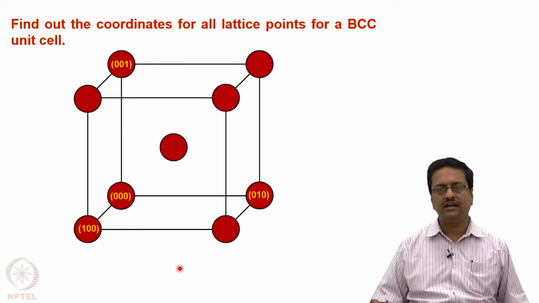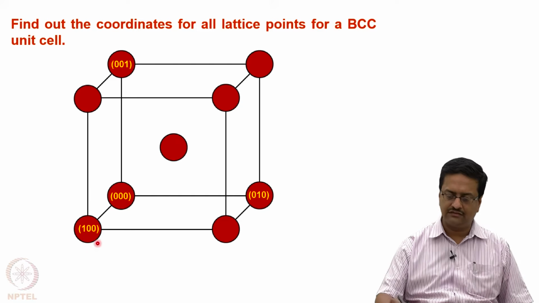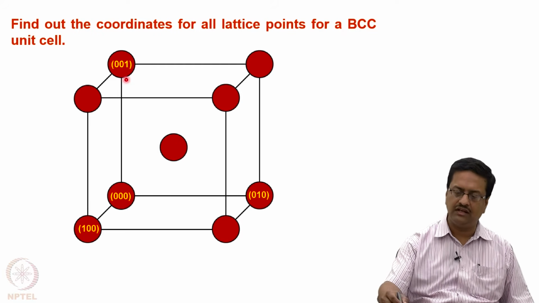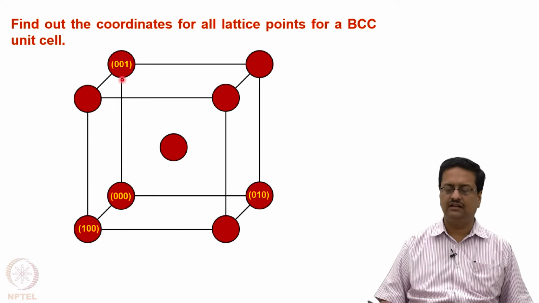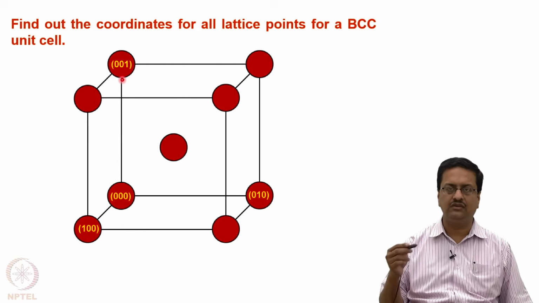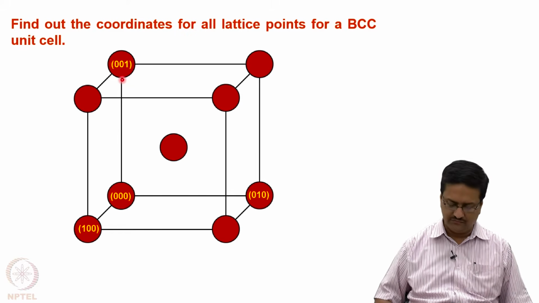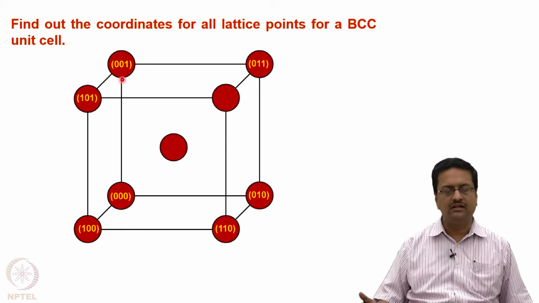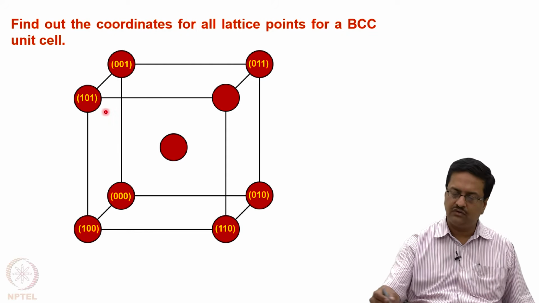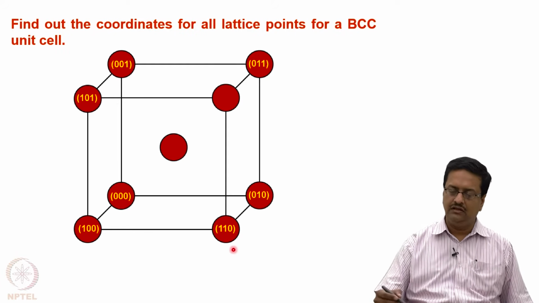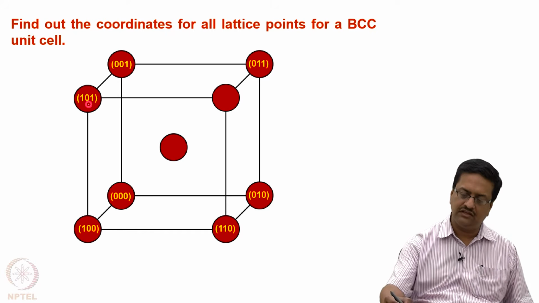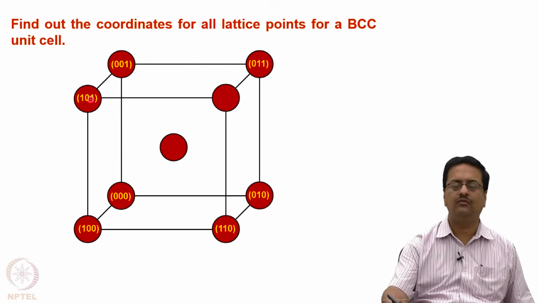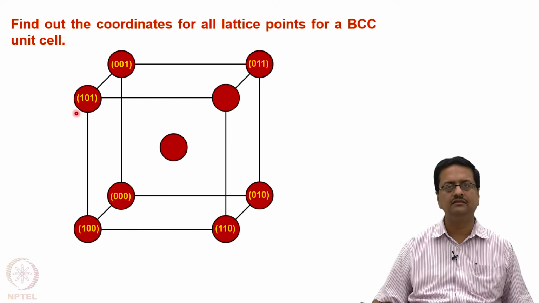The ones which are 1 unit along x, 1 unit along y and 1 unit along z are designated as 1, 0, 0, 0, 1, 0 and 0, 0, 1 sets of coordinates, because those are 1 unit away from the origin. Then the other corners, which are now here 1, 2 and 3: first 1 unit away along x, 1 unit above along z, and 0 along y, so this point is 1, 0, 1.